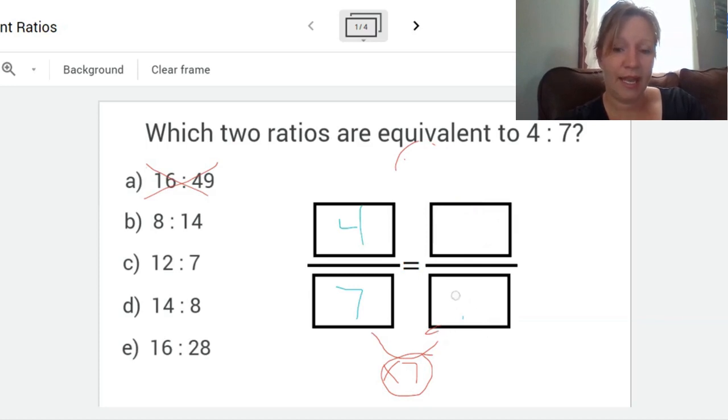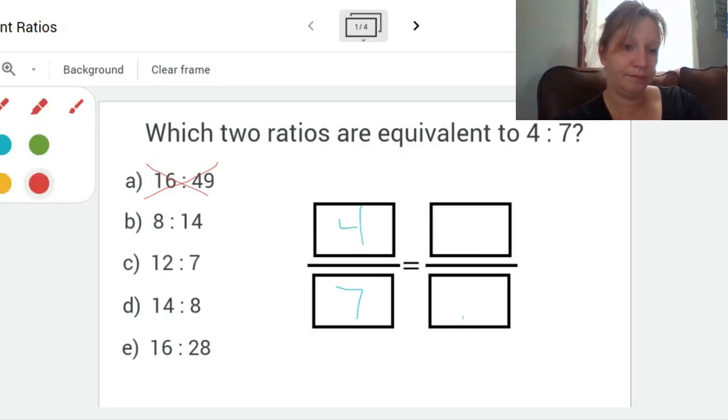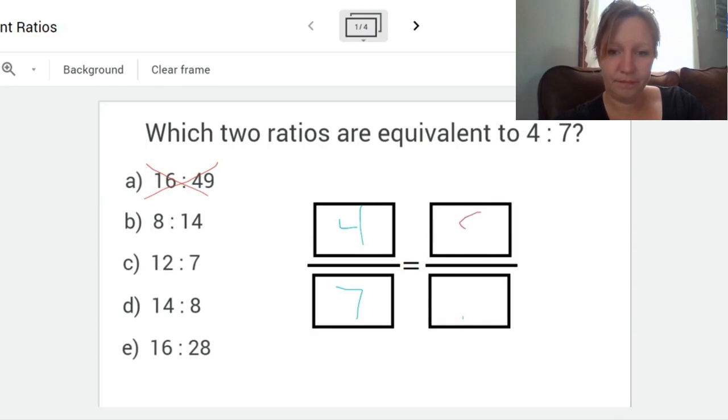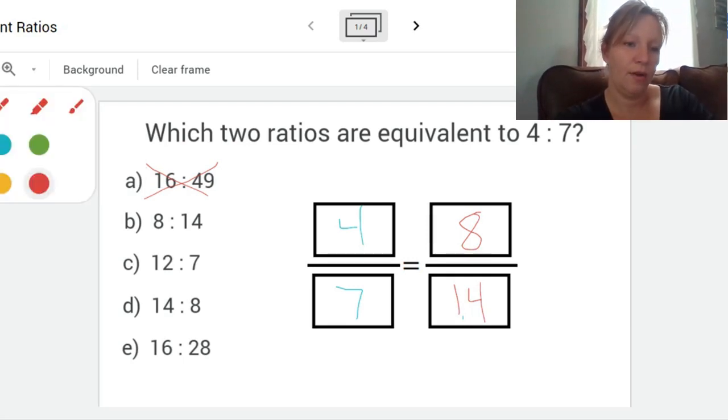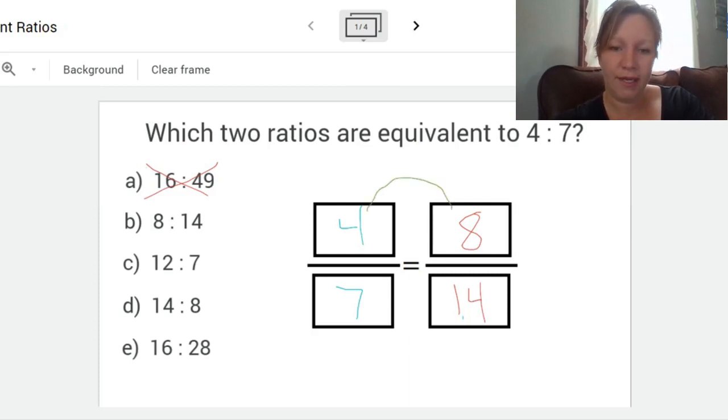So we're going to take a look at 8 to 14. I'm going to write 8 to 14 in that second fraction. And you want to take a look at what you're doing to get 8 to 14 from the 4 to 7. So let's go ahead and do that. What am I doing to 4 to get 8?